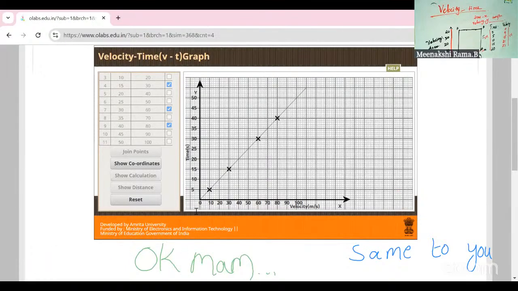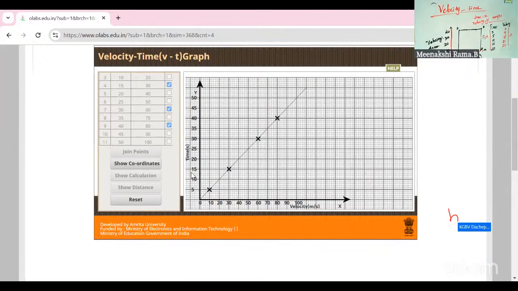Okay, this is not uniform. This is the uniform speed over a time duration. Is that clear, students? With the help of the simulation, we can understand the uniform and non-uniform motion of speed.